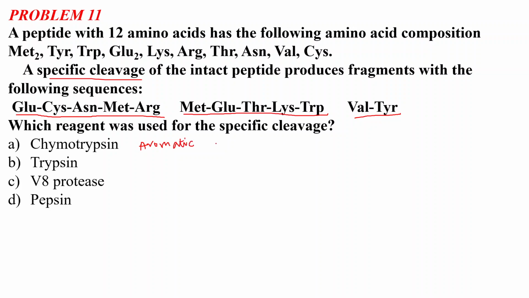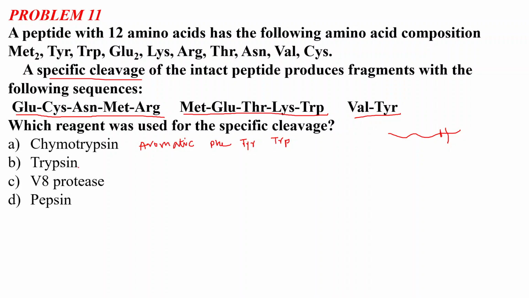There are 3 aromatic amino acids: phenylalanine, tyrosine, and tryptophan. Chymotrypsin will cleave an amino acid chain at the C terminus when these 3 amino acids are present.